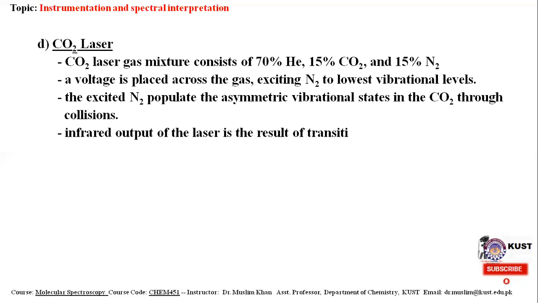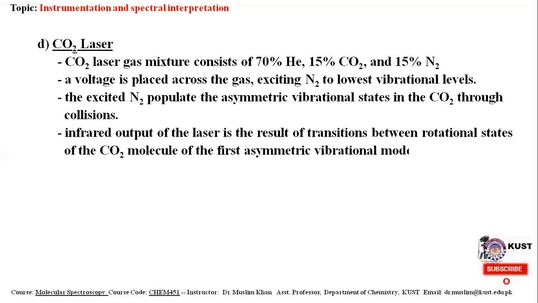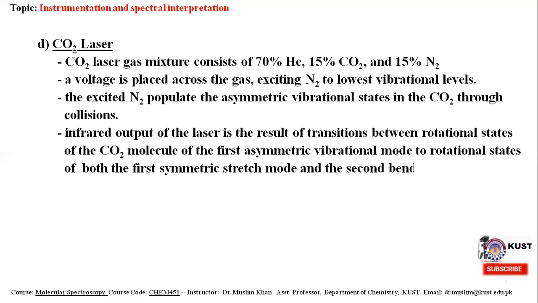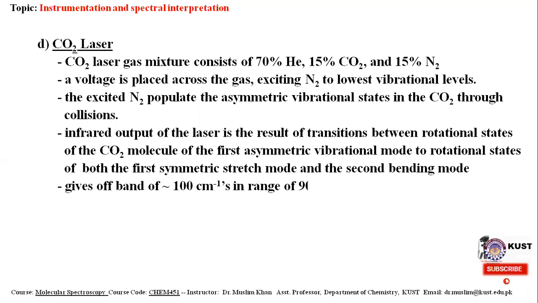The infrared output of the laser is the result of transitions between rotational states of the carbon dioxide molecule, from the first asymmetric vibrational mode to rotational states of both the first symmetric stretch mode and the second bending mode. It gives off a band of 100 centimeter inverse in the range of 900 to 1100 centimeter inverse.